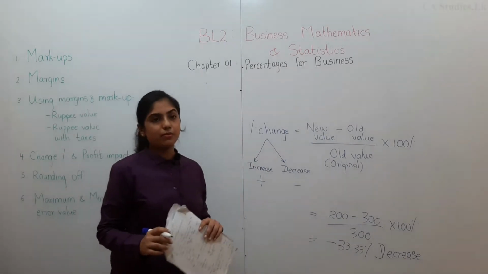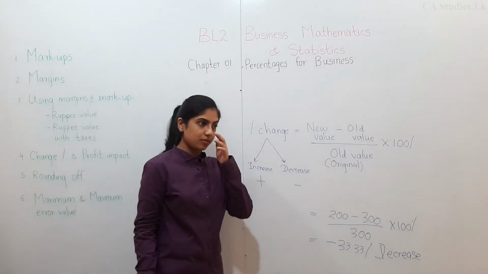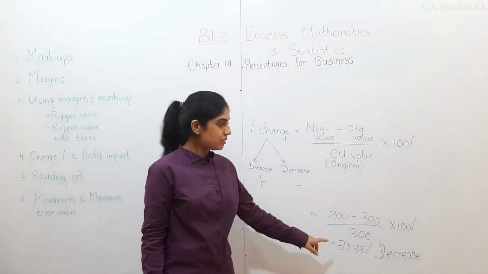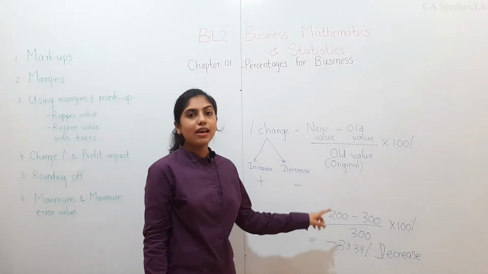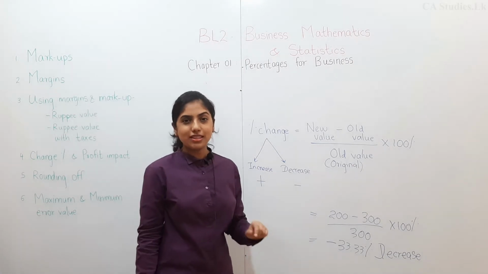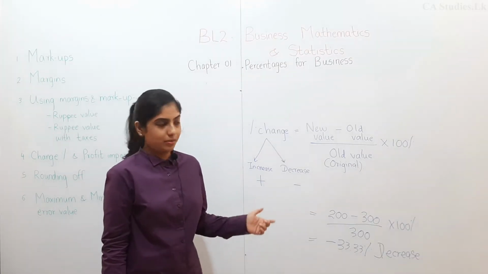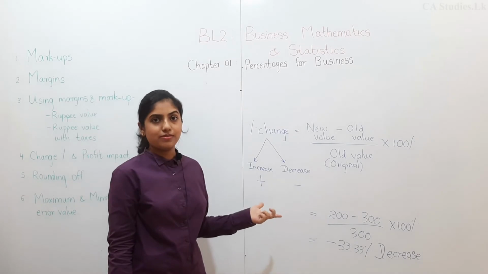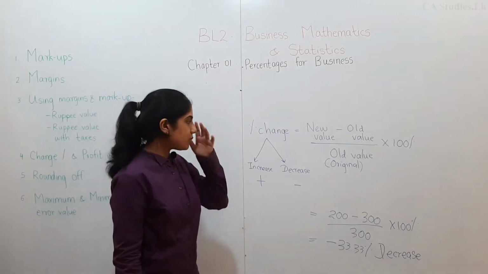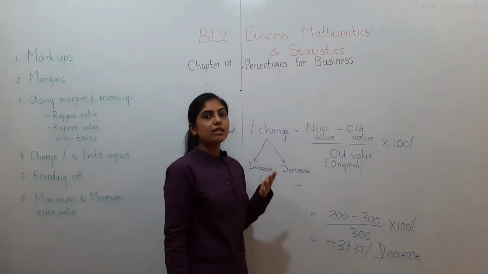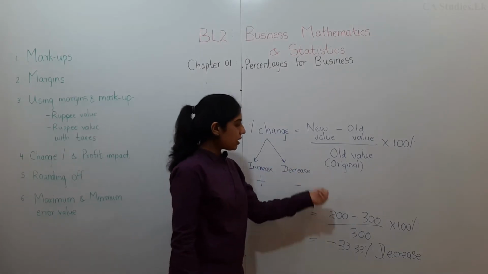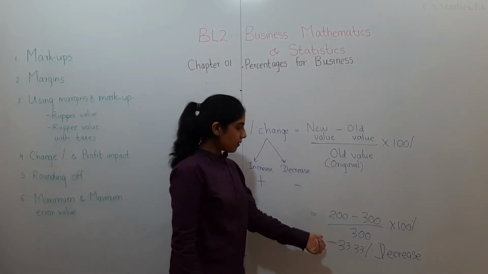Sometimes in MCQs they might give the answer as 33.33% increase and 33.33% decrease, and you have to choose the correct answer. So don't choose increase because the price has reduced. It is very clear, it's easy. That's why I said first you yourself analyze whether it's an increase or a decrease, then apply the percentage formula and get your value.